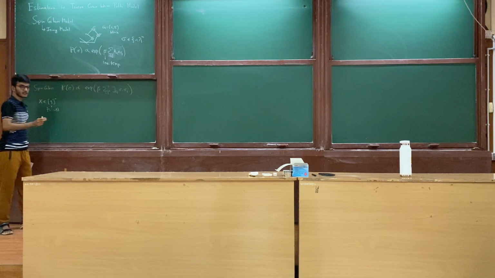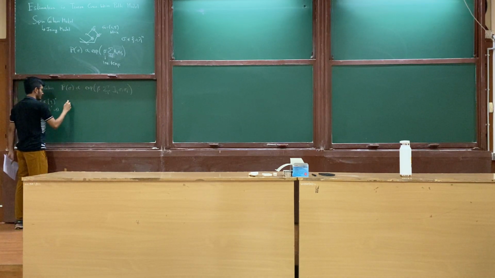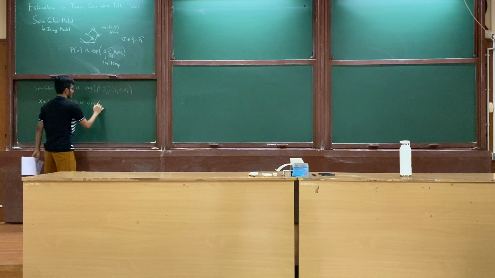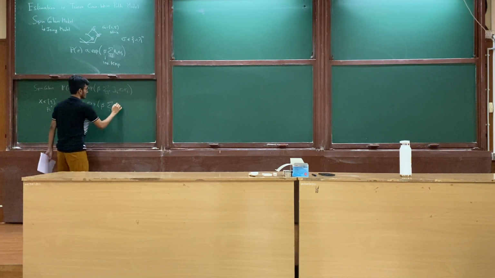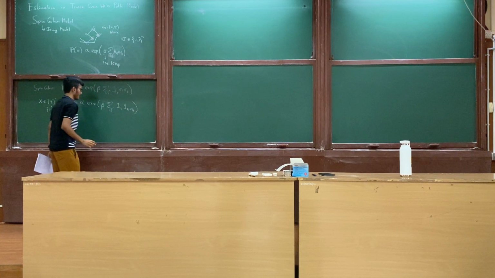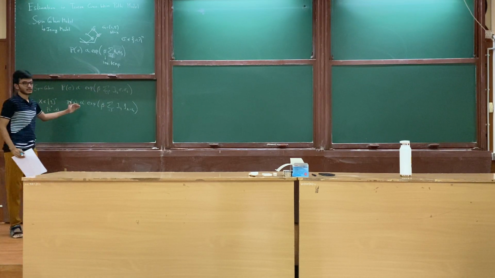It's like putting colors on each vertex. Now this distribution is proportional to exp of beta times the summation over ij of J_ij times the indicator that x_i equals x_j. This is just the generalization of the spin glass model.